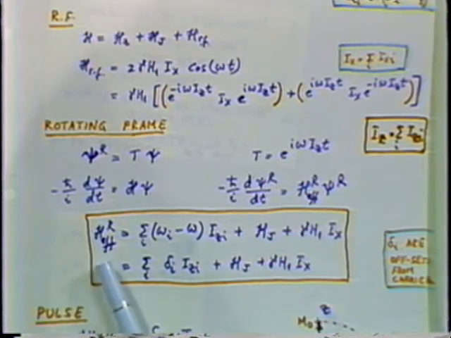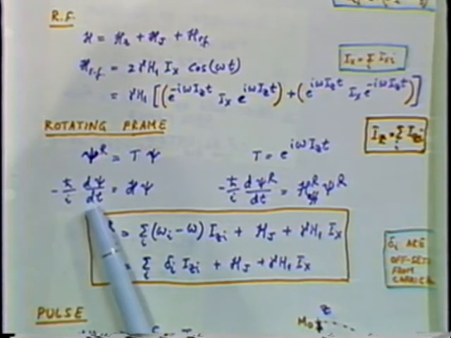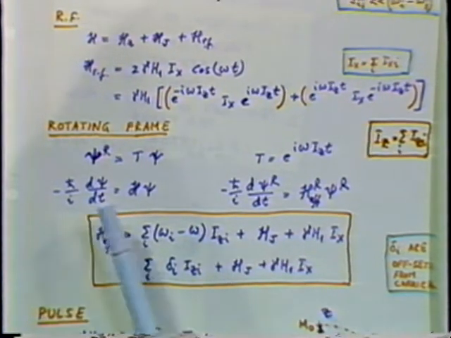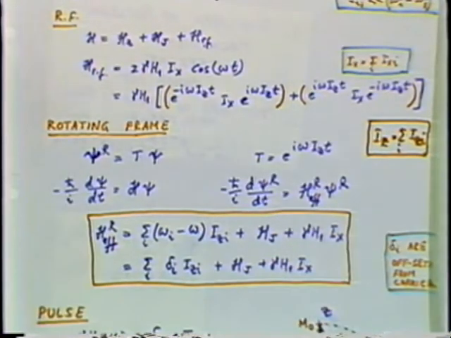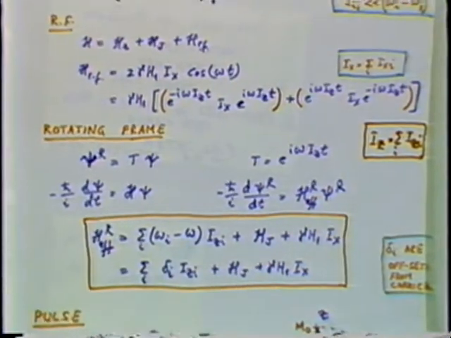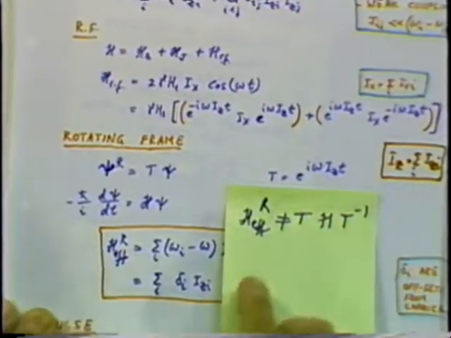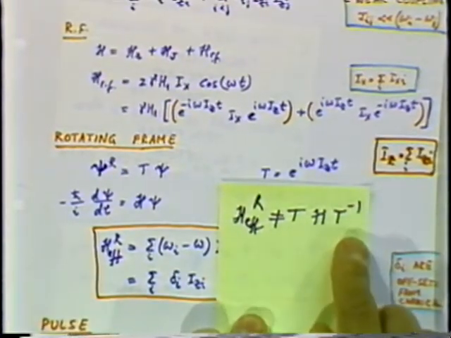You can write down the Schrodinger equation in the lab frame and in the rotating frame. The effective Hamiltonian in the rotating frame is given by this. And this is something that I should point out to you: the effective Hamiltonian in the rotating frame is simply not equal to T H T inverse.